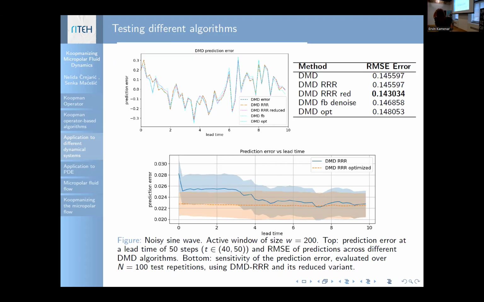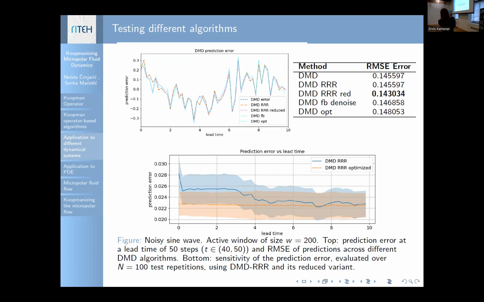Here you can see the prediction error. I did the reconstruction and prediction, and the smallest error is obtained for DMD-RRR. Here I also compared the two approaches for evaluating the amplitude of modes: just projection to the first snapshot, if you remember, and optimizing the long trajectory.